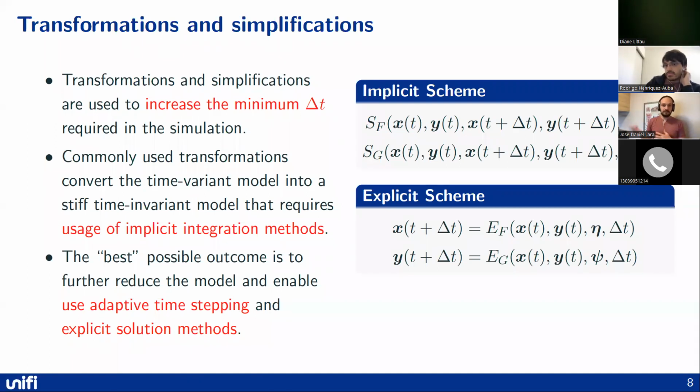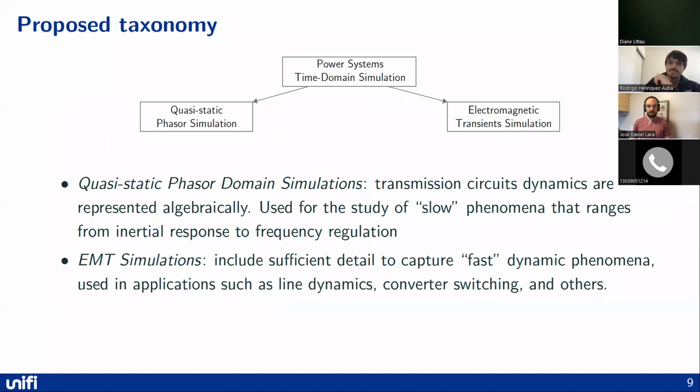So the best outcome again is to bring down the computational complexity to an explicit model that can be integrated cheaply, and also try to get rid of the hard to integrate portion. The most common approach that has been used is to take F, which is the devices, and solve it explicitly, and G, which is the network, in some sort of algebraic combination with partition methods.